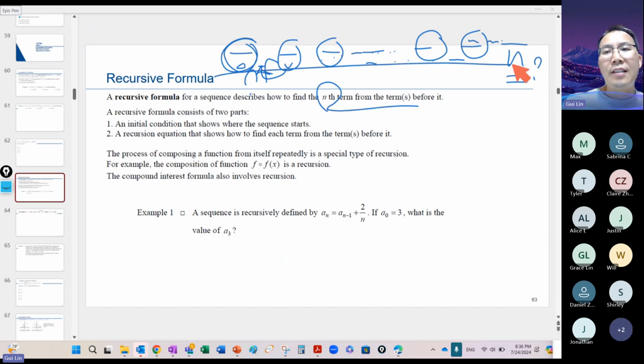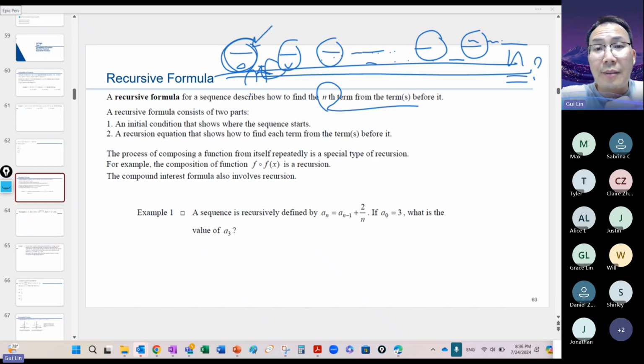So whenever this kind of sequence is given, at least they need to give you the first term, what it looks like, and second, the pattern. The pattern is called the recursive formula or recursive function. So there are two parts.